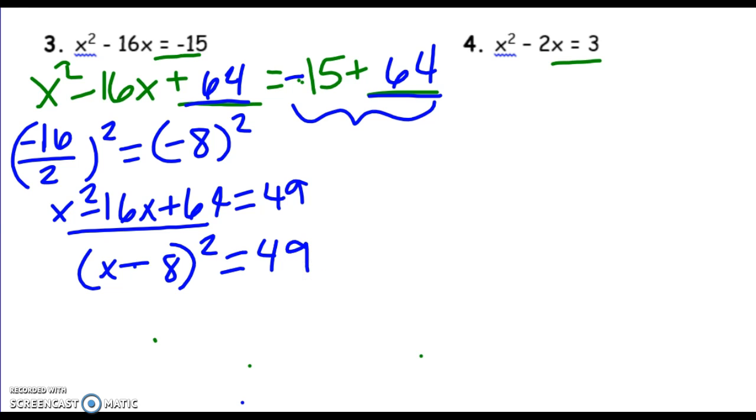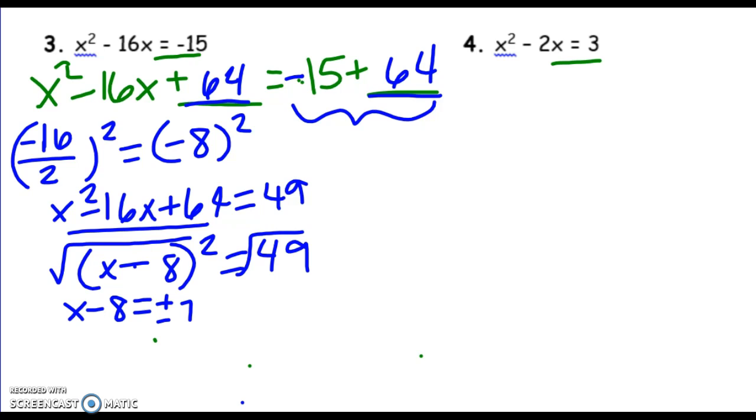Now, the reason that I do this is because now I can go back through and square root everything. So I now have x minus 8 is equal to the square root of 49, which would be positive or negative 7.